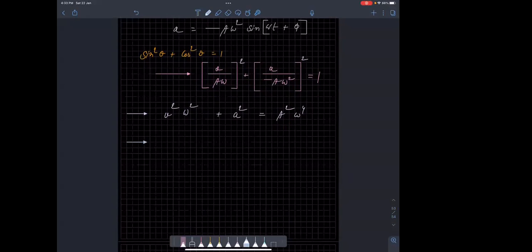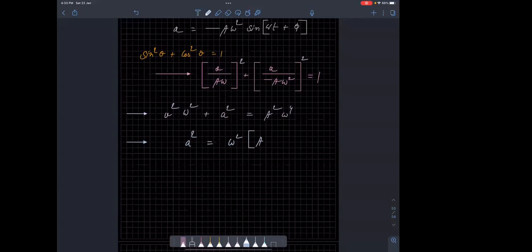Yes, sir. Now tell me what is small a square equal to? A square omega square minus v square omega square. So if you take omega square common, what will you get here? A square minus v square. So a square equals omega square into (A square minus v square).